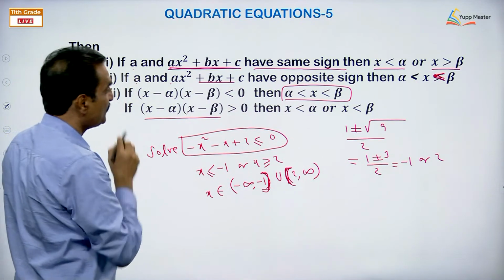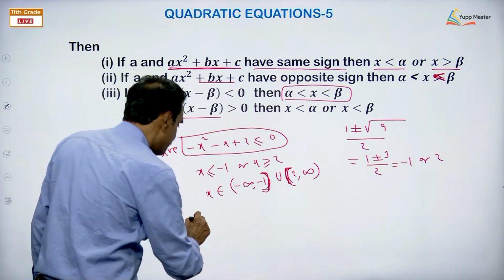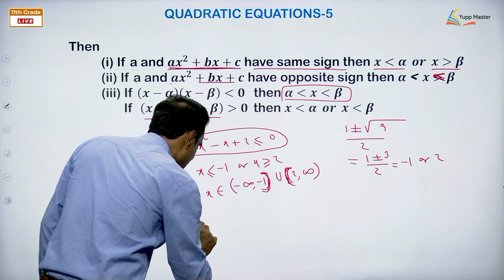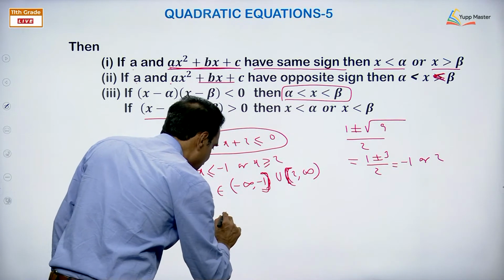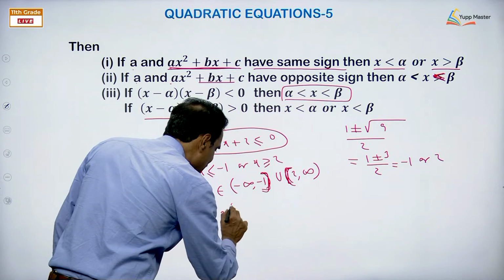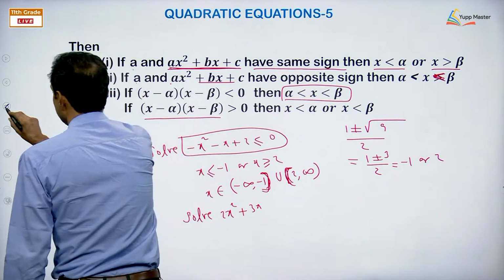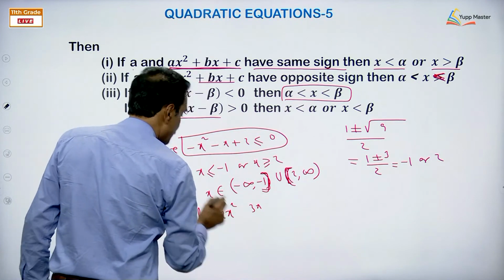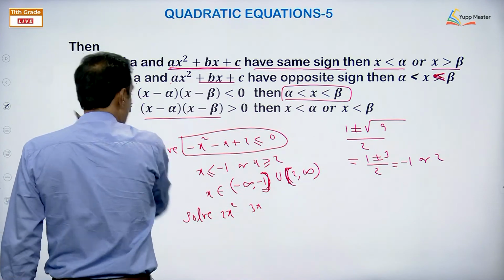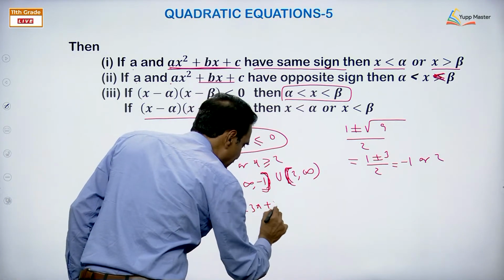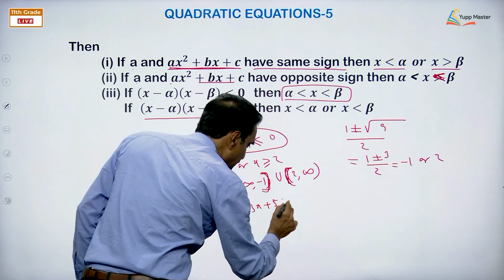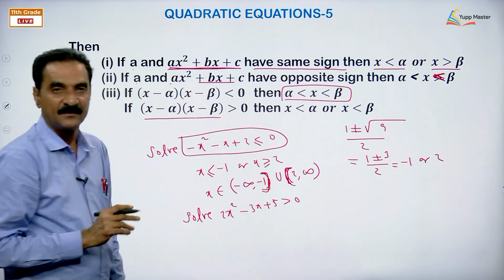And one more point, suppose the question is to solve 2x square minus 3x plus 5 greater than 0.